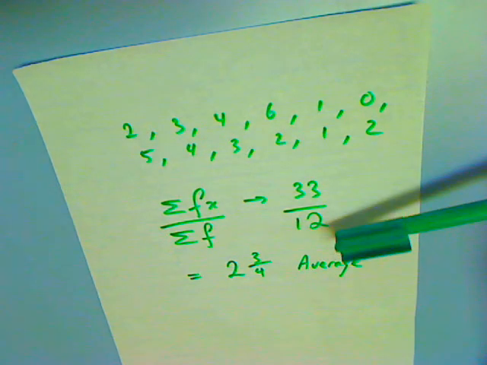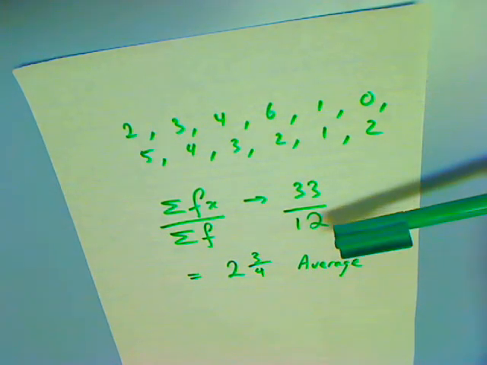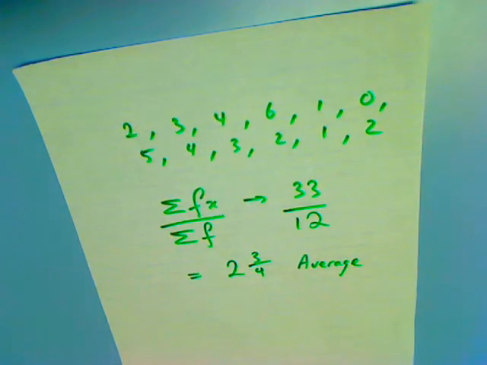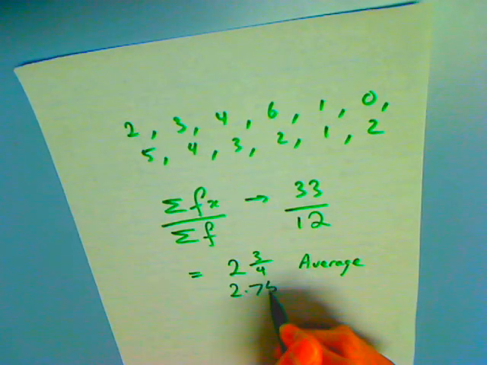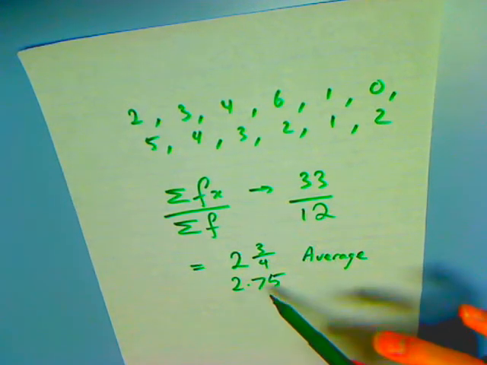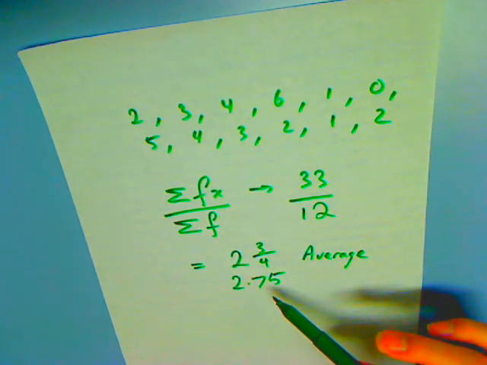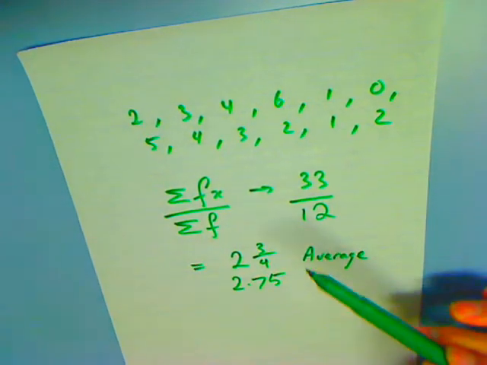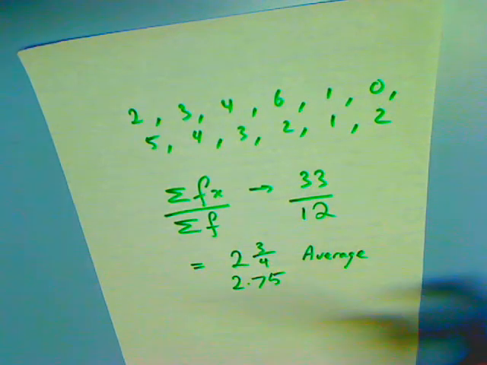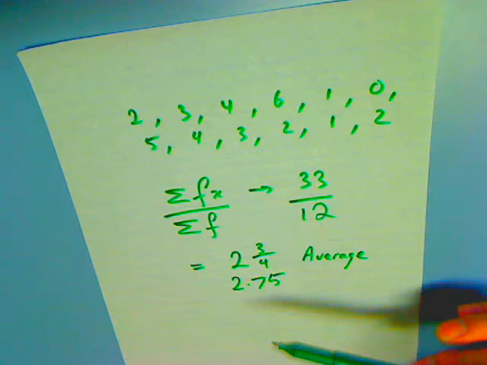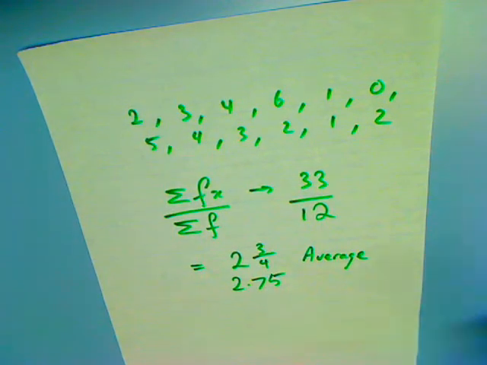In total, there are 12 people, so the average would be 2 3/4, or 2.75 per family. Now, it doesn't quite make sense because we can't have a fraction or a decimal of a car, but the concept will work nicely. In terms of statistics and real life, people are still going to be interested in that 2.75 number because they're going to guess that most people have either 2 or 3 cars. It's going to be around there.